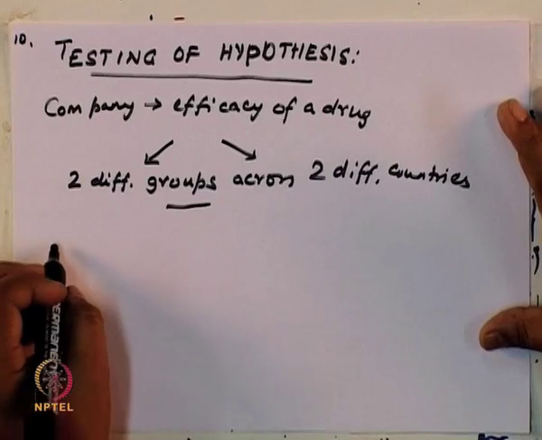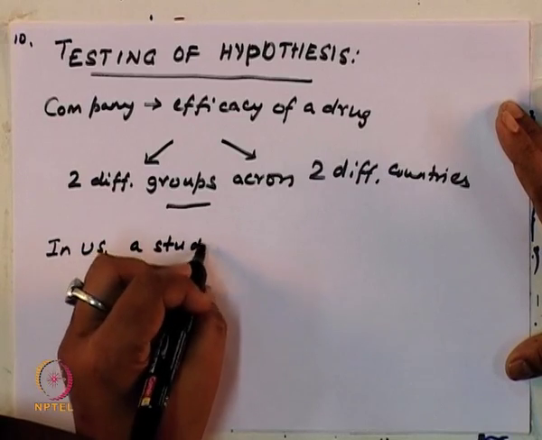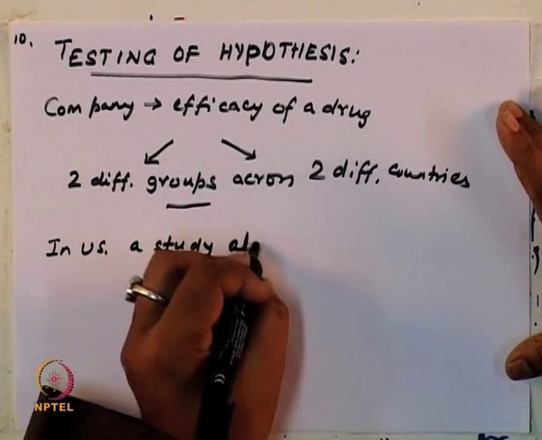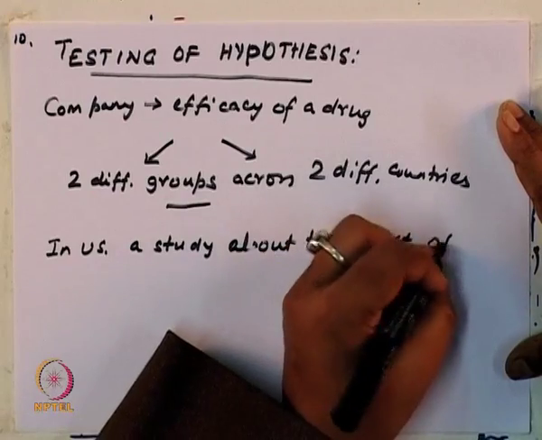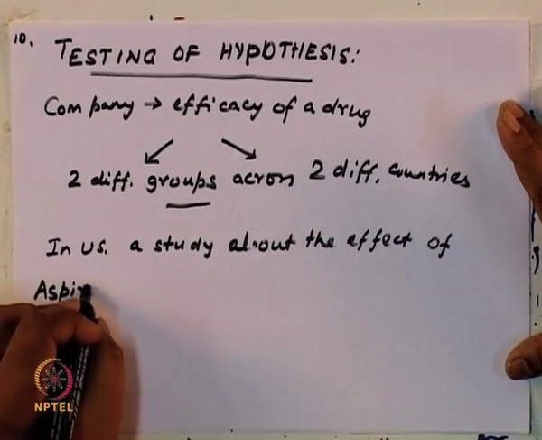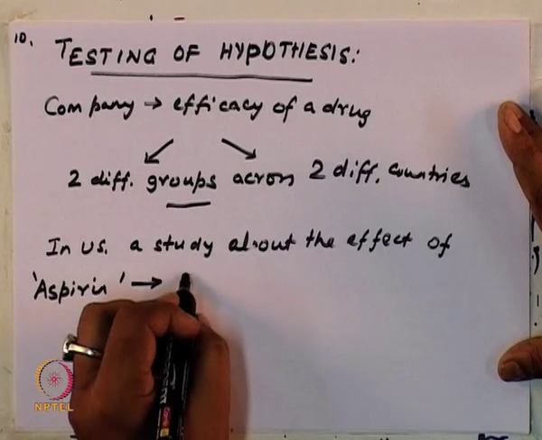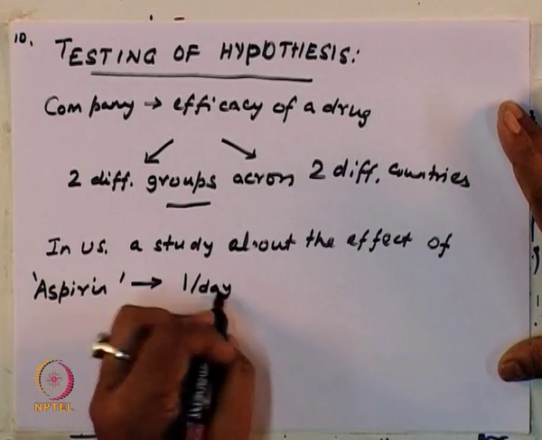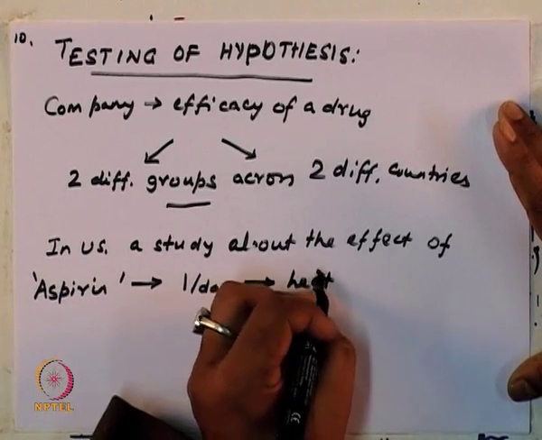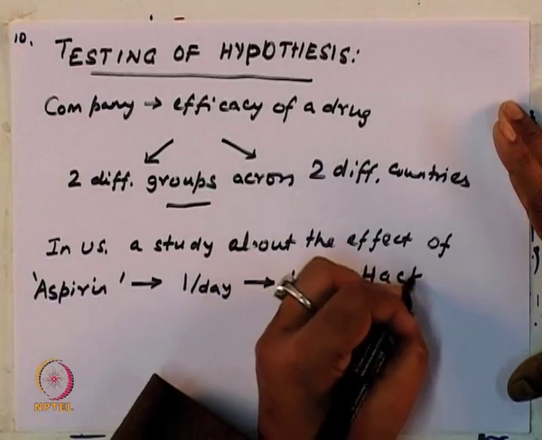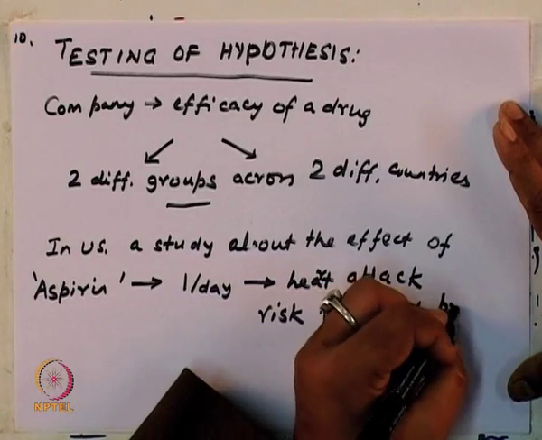As an example, in the US, a study about the effect of the drug called aspirin concluded that if a patient was taking one pill per day, this leads to reduction of heart attack risk by half.